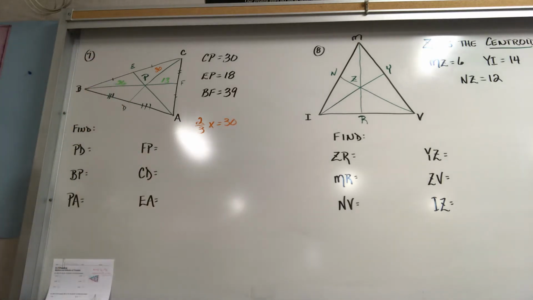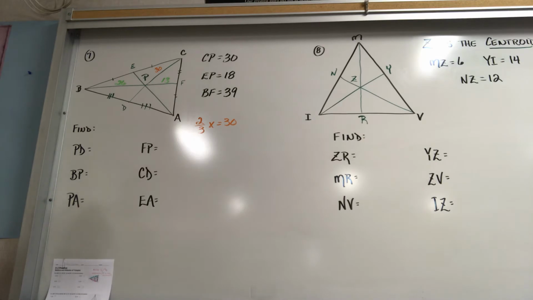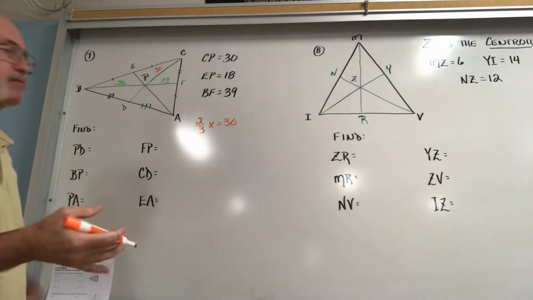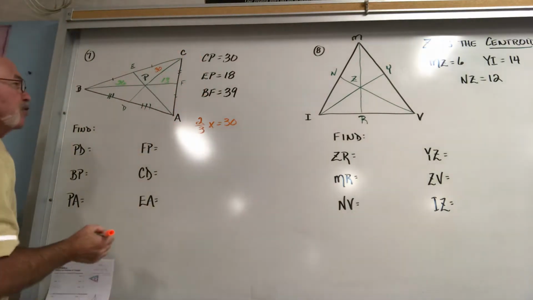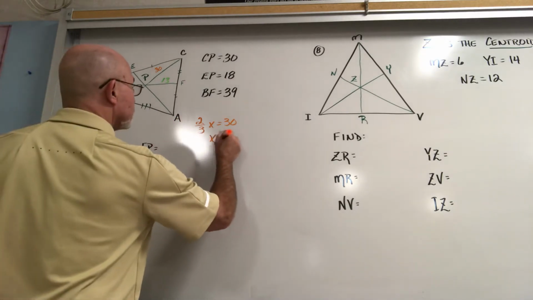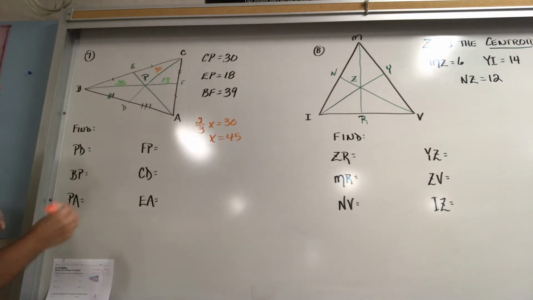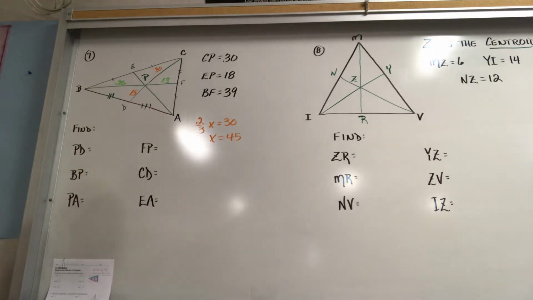That's what you're dealing with, and that's how you're going to find the other part of it. Let me say that in brass tacks for you. That entire length there is 45, which means that part is 15.